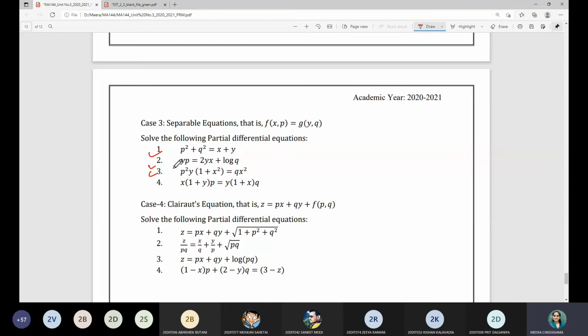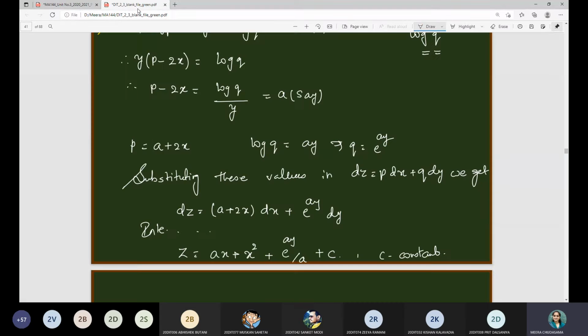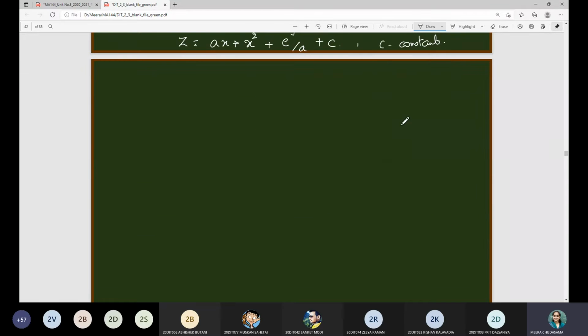Third one is p square y upon 1 plus x square is equal to qx square. Those who have already started, they can tell me the values of p and q.